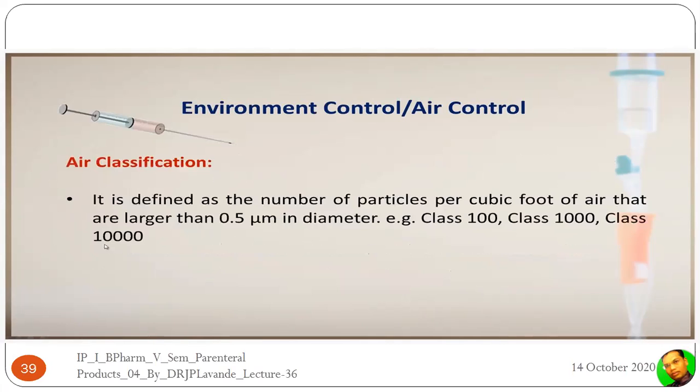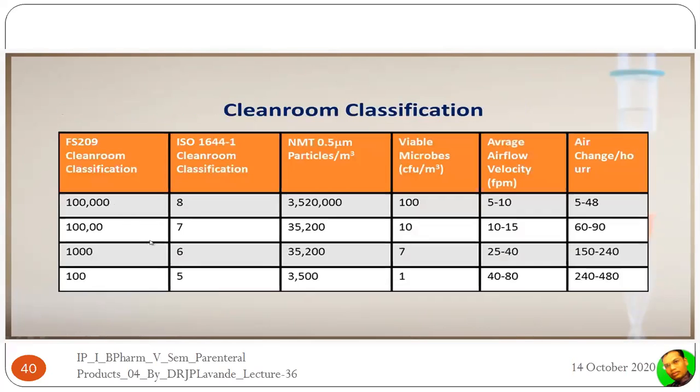As far as the air classification is concerned, it is defined as the number of particles per cubic feet of air that are larger than 0.5 micrometer in diameter. Based on these air particles and their numbers, there are different classes of the air system: class 100, class 1000, class 10,000.